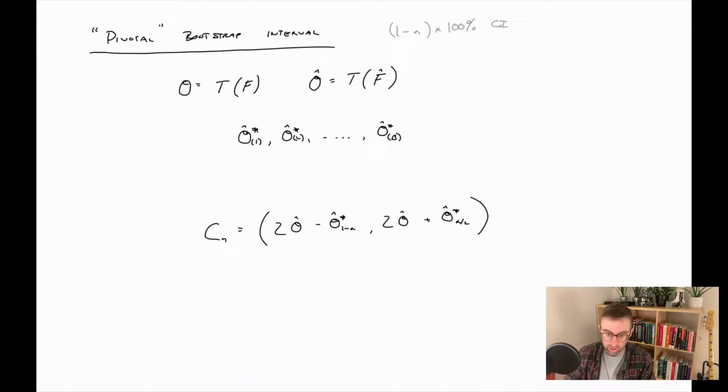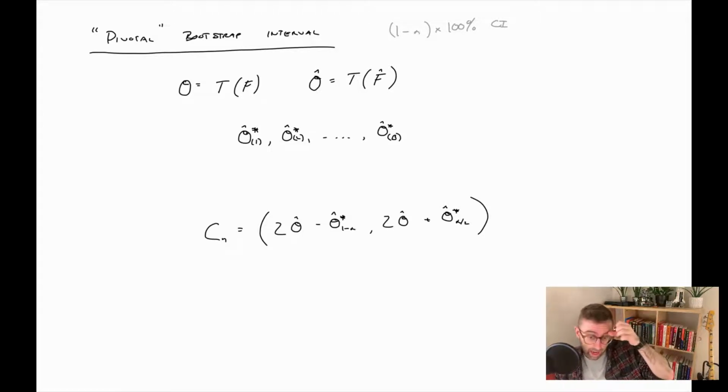So there's something called the pivotal Bootstrap interval. We're switching notations a little bit here, mostly to stick with the book's notation. So instead of t being the statistic, I'm going to use theta hat as the statistic, just to make it much more clear that we're trying to estimate theta. Because with the confidence interval, you're trying to do estimation.